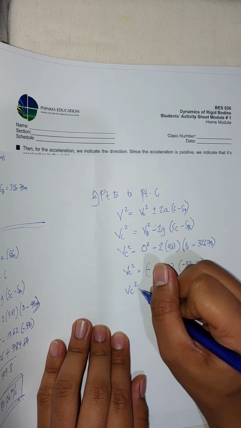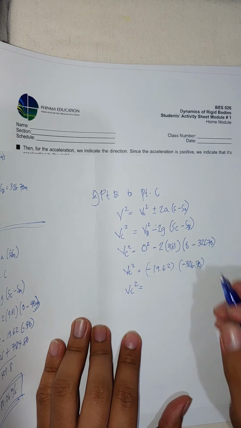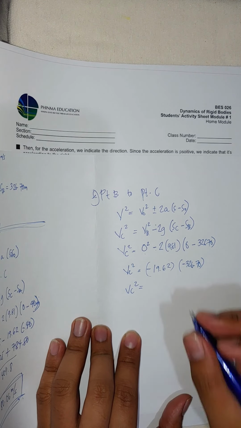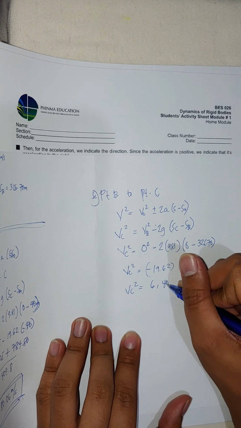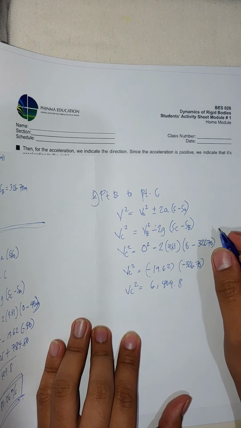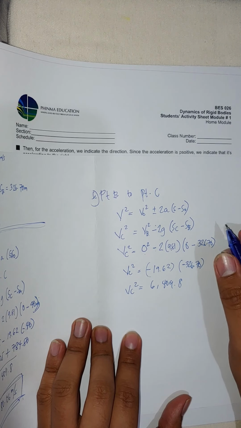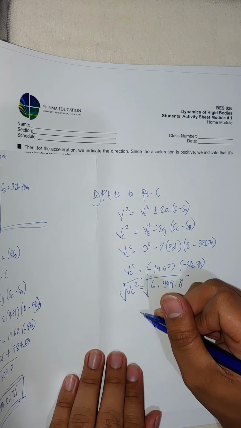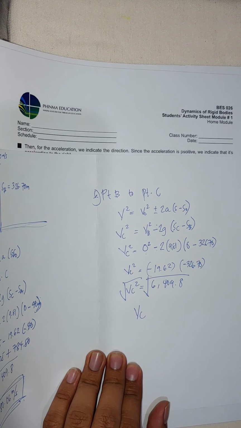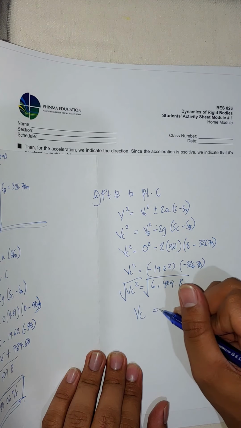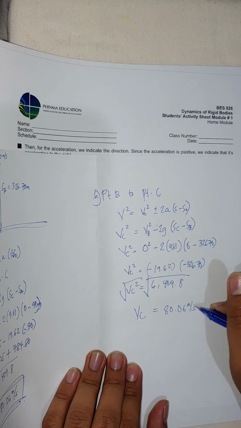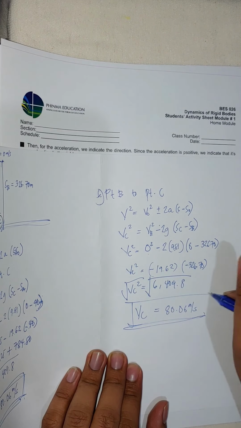We have the squared final velocity, 19.62 times 326.70, that is 6,409.8. So taking the square root of the equation, we'll have a final velocity equal to the previous solution, 80.06 meters per second.